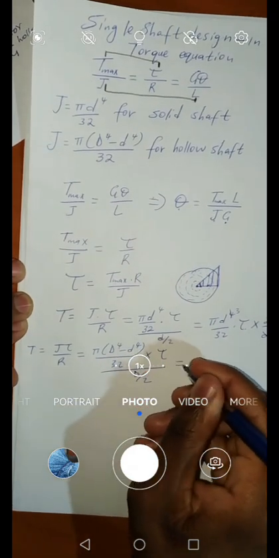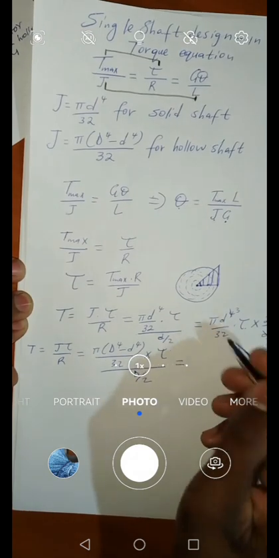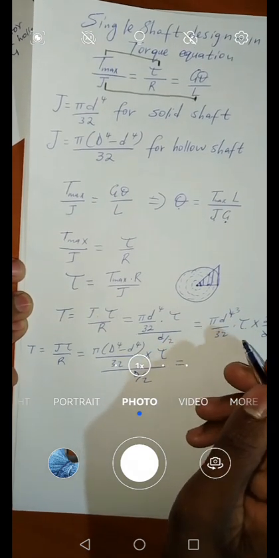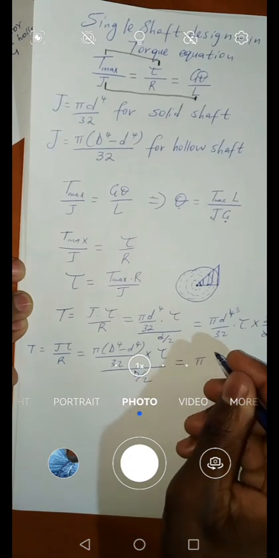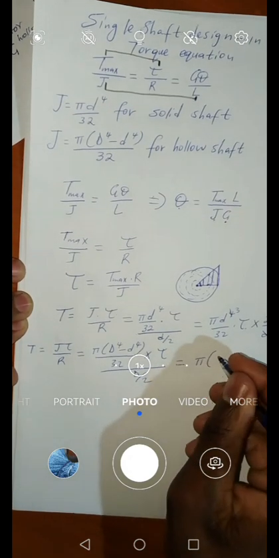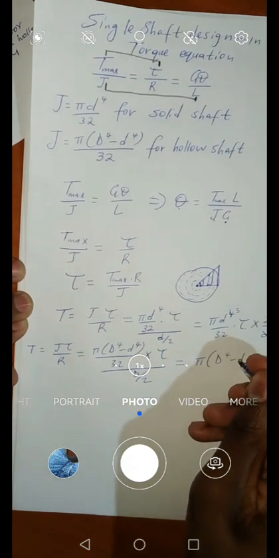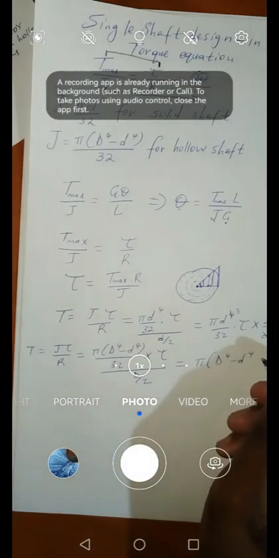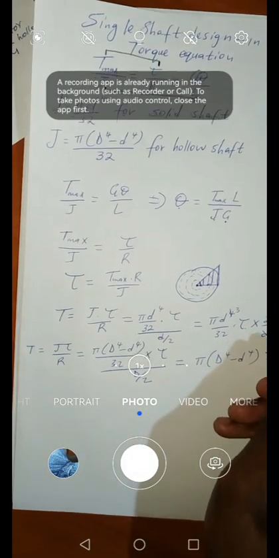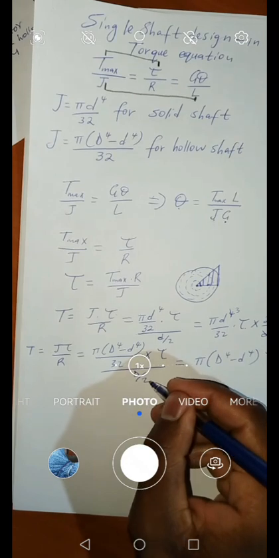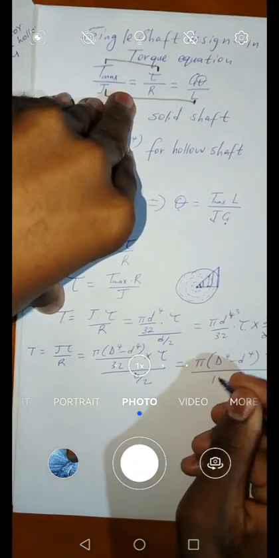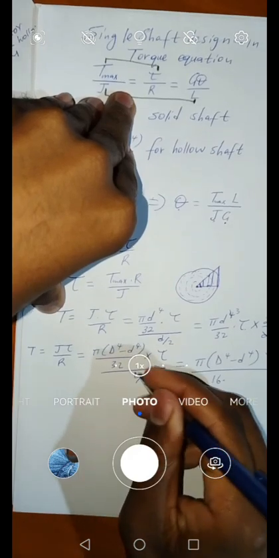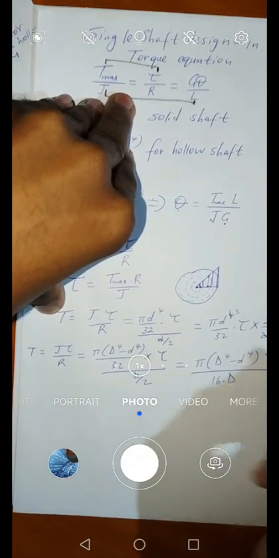Then from there you simplify, you do the same thing as here, and then you will have this pi, and then you will have d to the power 4 minus this, shear stress, and then this 2 is the same thing, 2 into 32 will be 16, and then we'll have this d, which is this.